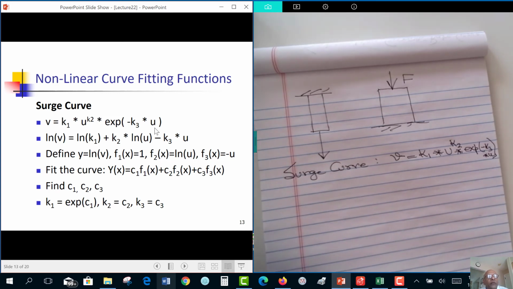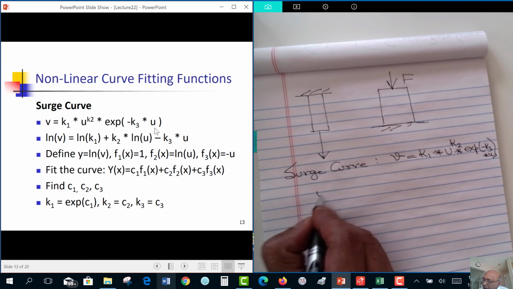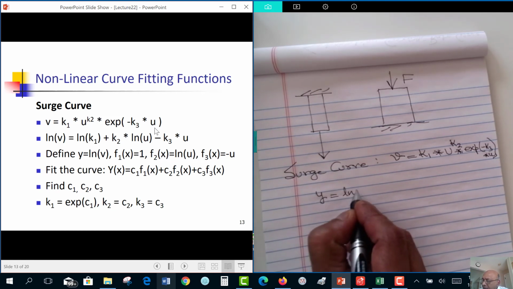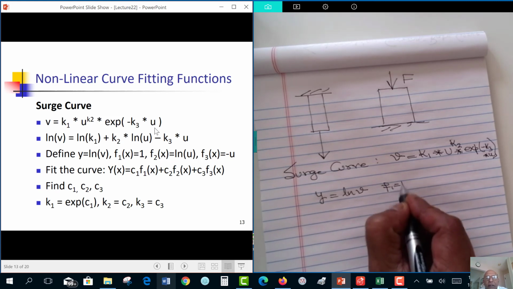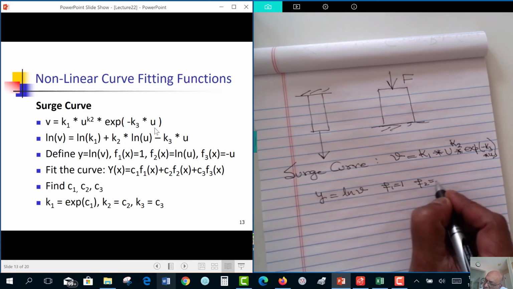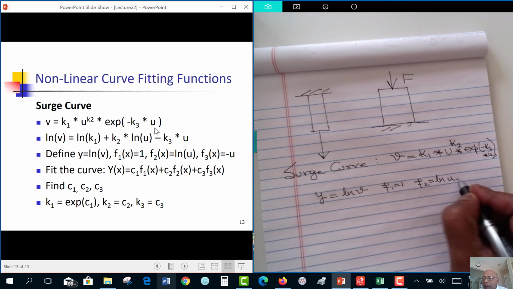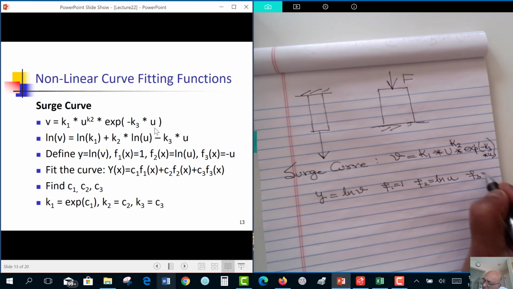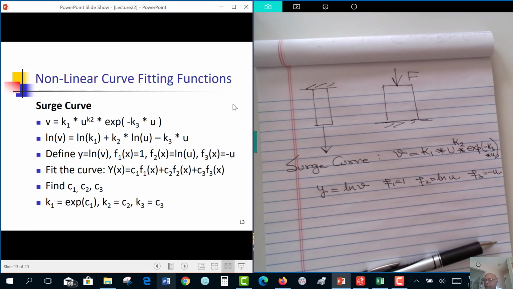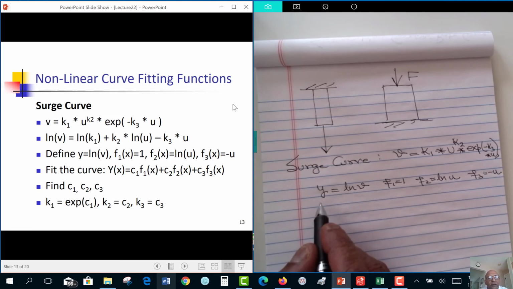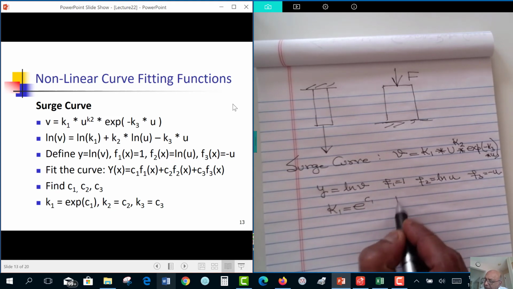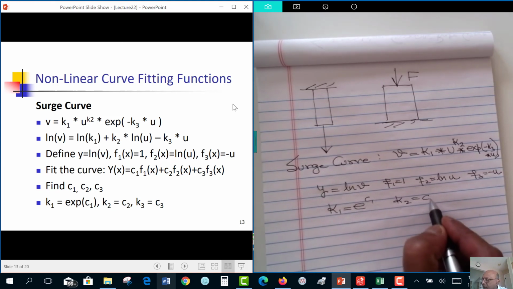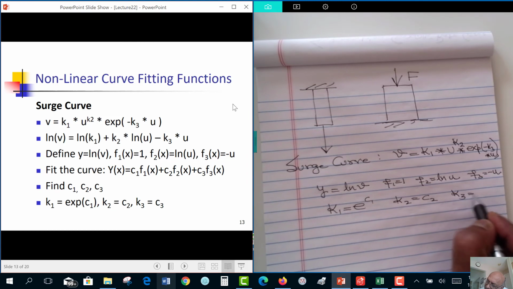So when we linearized it, our y was log v, our f1 was 1, f2 was log u, and f3 is minus u. And then we got k1 was e to the c1, k2 was same as c2, k3 was same as c3.